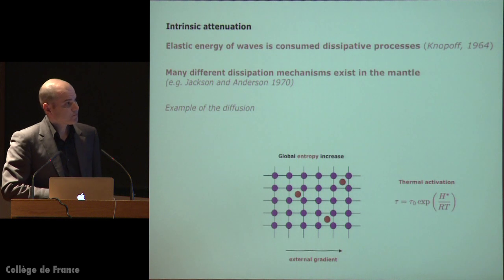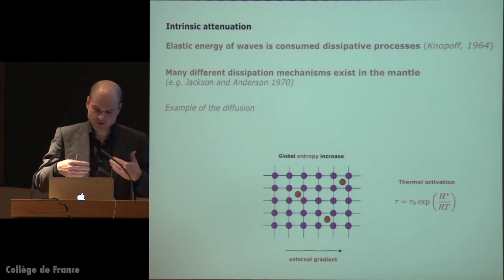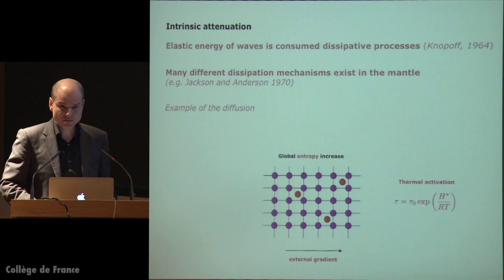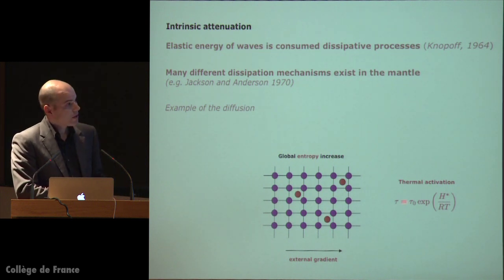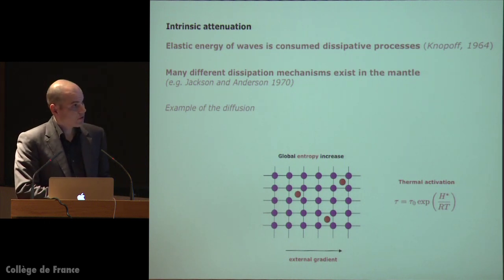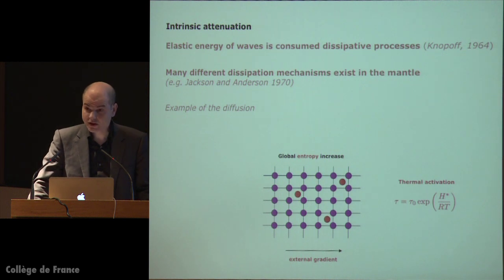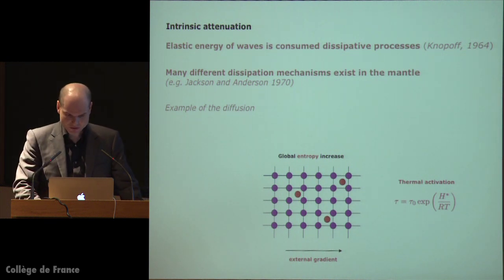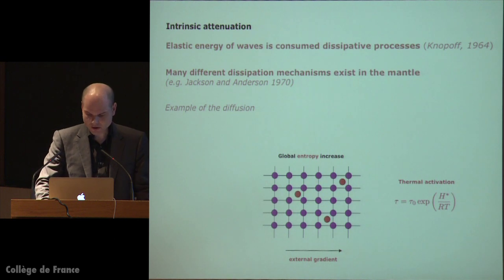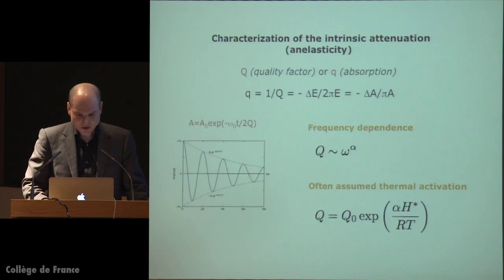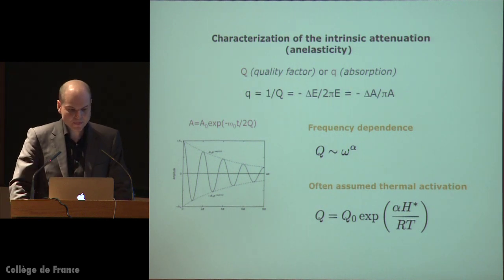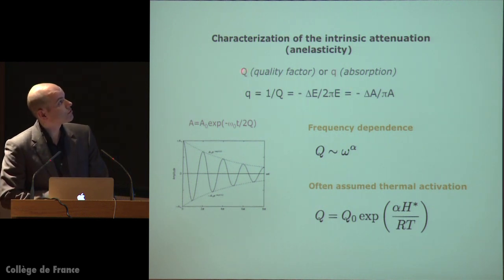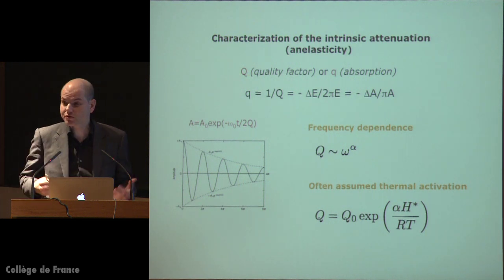So usually, for each dissipation mechanism, one has to characterize it by a characteristic time, this tau, and this tau depends on what we call activation enthalpy, and I will talk a little bit about this later on, and you will see this H star later on too. In order to characterize the intrinsic attenuation, we use the quality factor, which is a big Q, or an absorption, which is a small q.